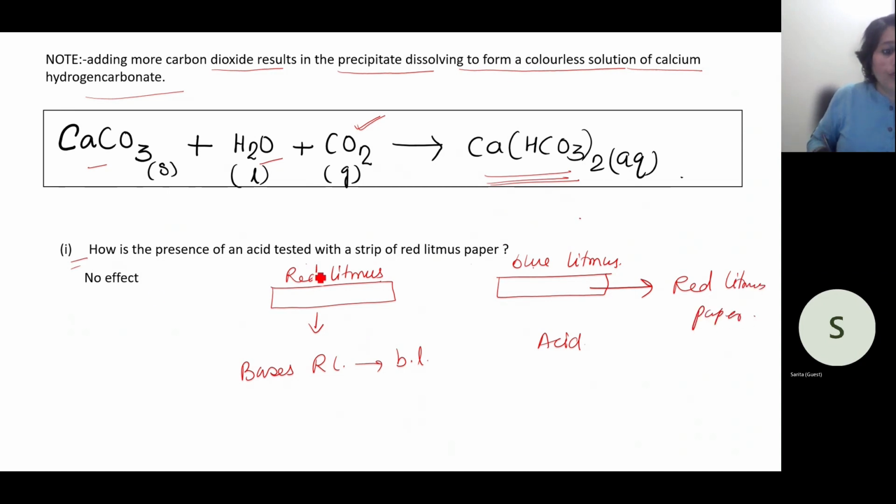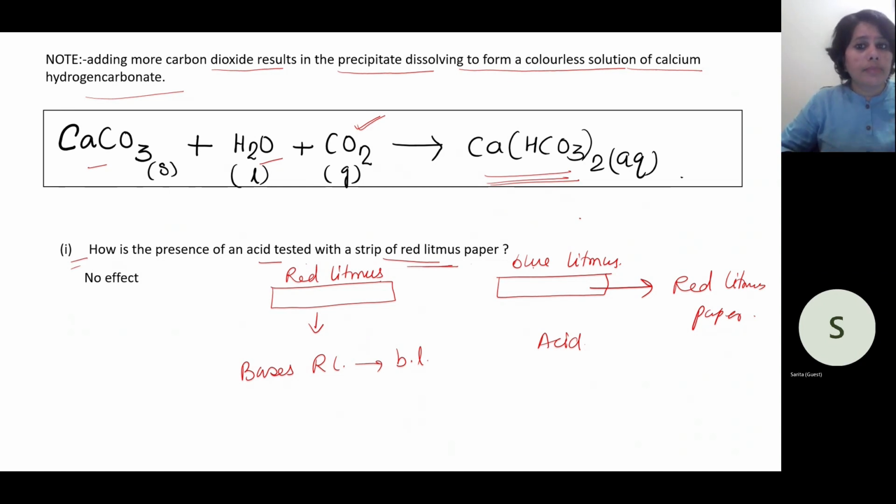So here, what is the question? Presence of an acid tested with a strip of red litmus paper. So we have got acid here and we have to test the acid with red litmus paper. But red litmus paper is used to test the bases, because if we put a base on the red litmus paper, it will turn into blue color. So remember, blue.